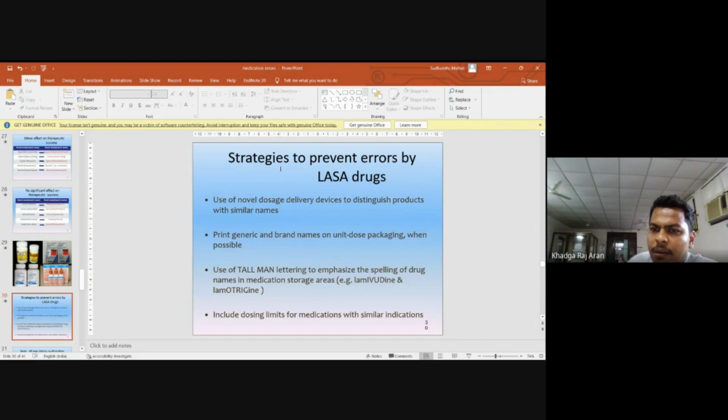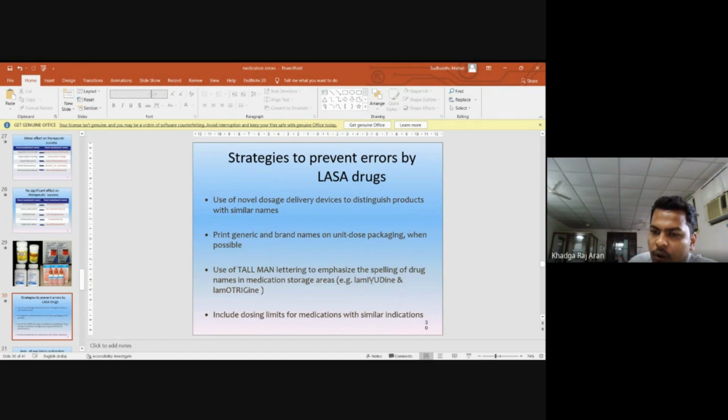So, how to prevent medication errors by LASA drugs? We can use novel dosage delivery devices to distinguish products with similar names. We can print the generic and brand names on unit dose packaging when it is possible. We can use Tall Man letters to minimize confusion of the drug names or to minimize any type of adverse drug reactions, like lamivudine and lamotrigine.